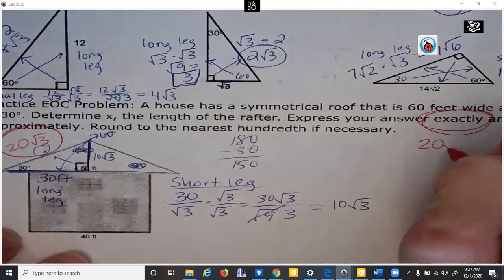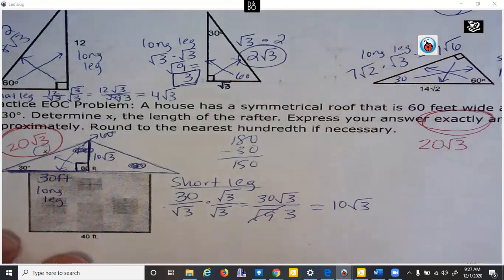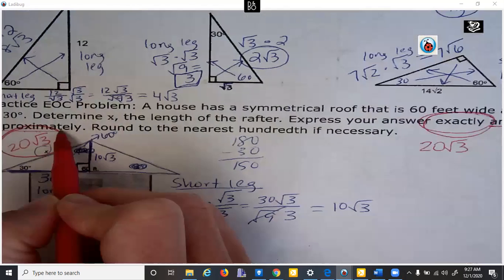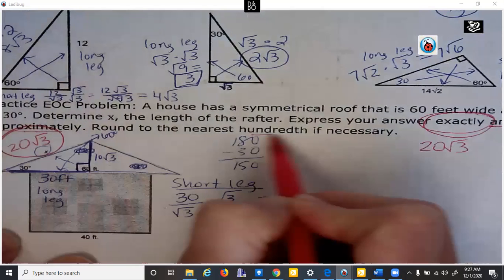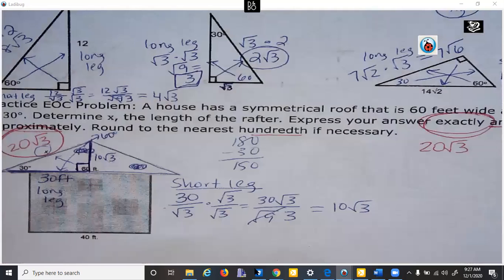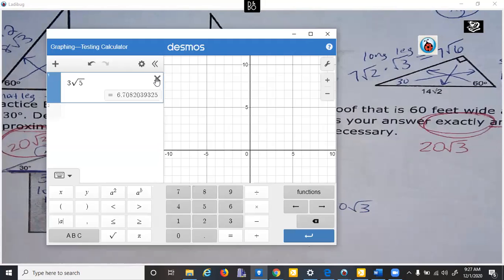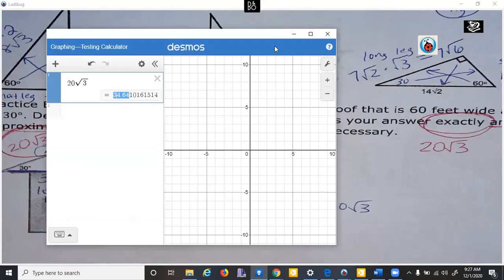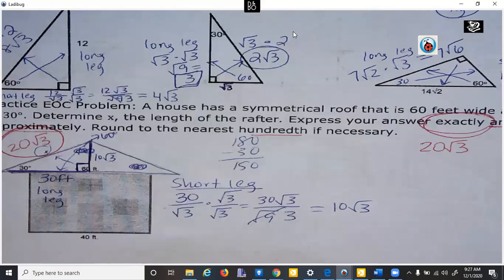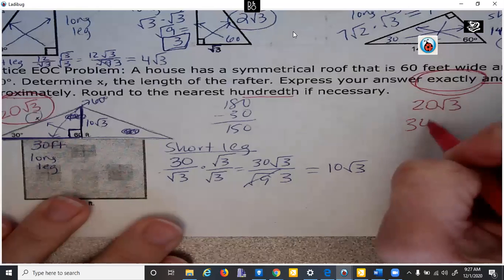So 20 root 3 is the exact answer. And approximately, rounding to the nearest hundredth, the nearest hundredth is 2 decimal places. So I would type in 20 root 3, and my answer would be 34.64. Okay.